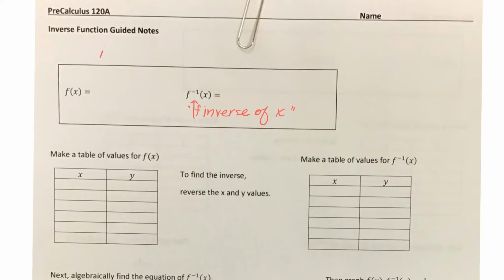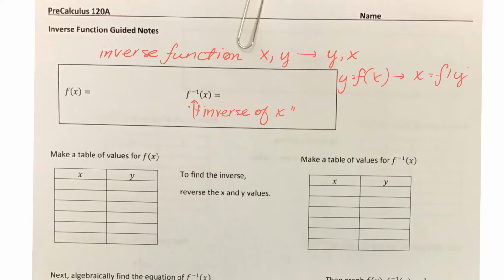What an inverse function does is invert or kind of reverse x and y. We're going to take our x and our y, and switch them, and they're going to become y, x. That could also look like: if y equals f of x, then x is going to equal f of y.